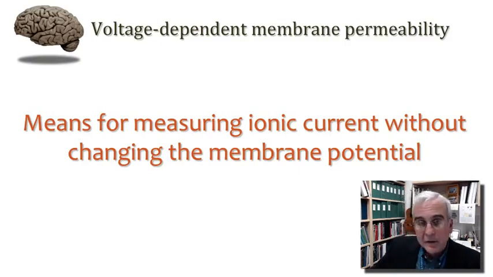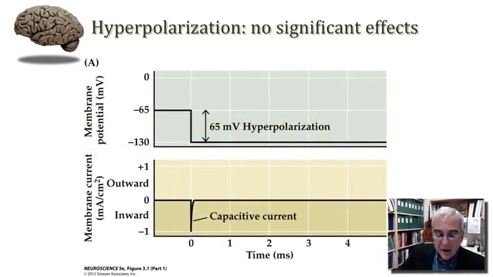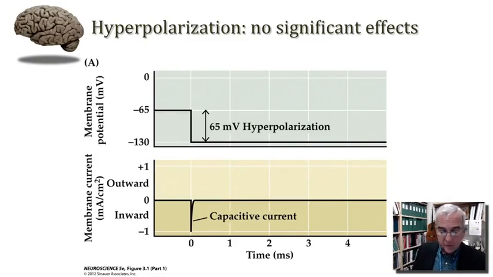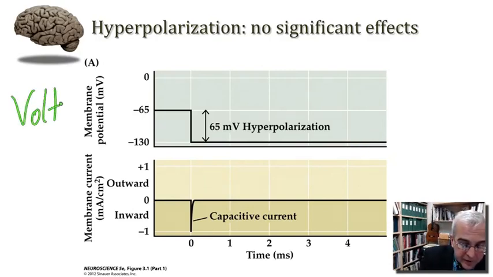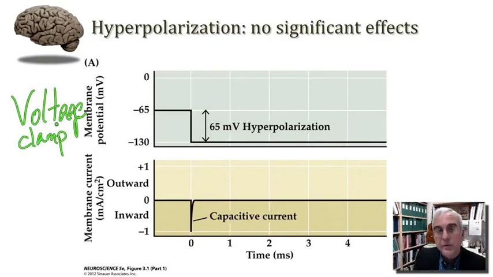So, let's begin. Now, what we have here in figure 3.1 from your book is a representation of the kind of data that were available to Hodgkin and Huxley. With the voltage clamp method, they were able to set the membrane potential of the squid giant axon to any value that they wished.